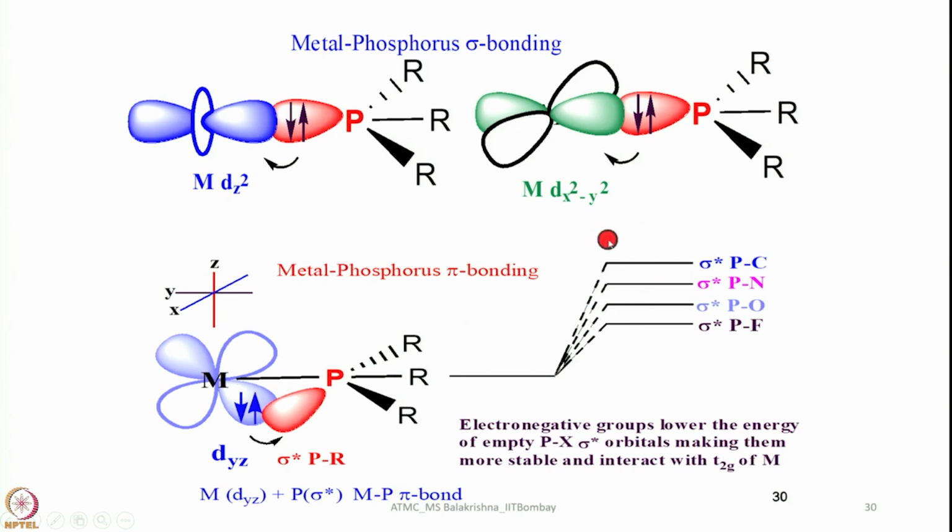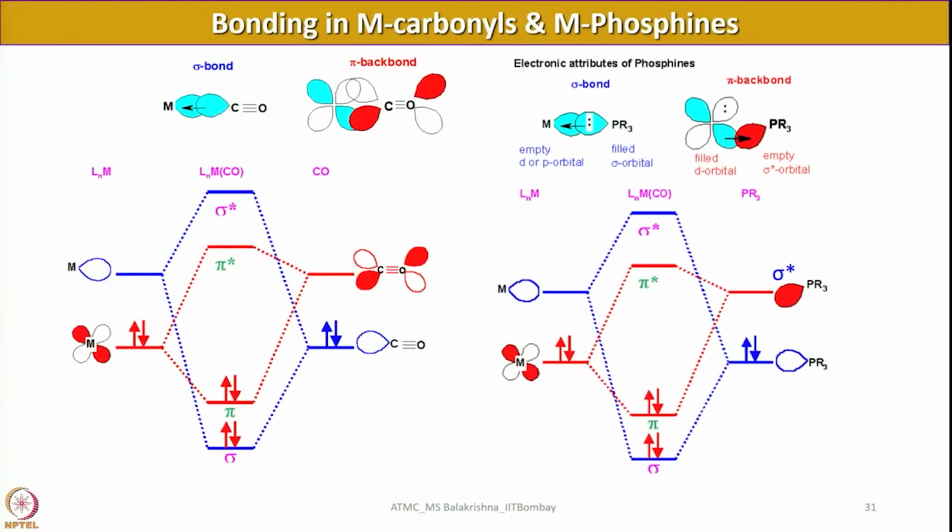So, this is where phosphines have a remarkable ability to adjust their donor and acceptor properties, and hence they are very important among all ligands in organometallic chemistry and also in homogeneous catalysis. Once again, I have shown here MO diagrams for metal carbonyl complexes and metal phosphine complexes, very similar.